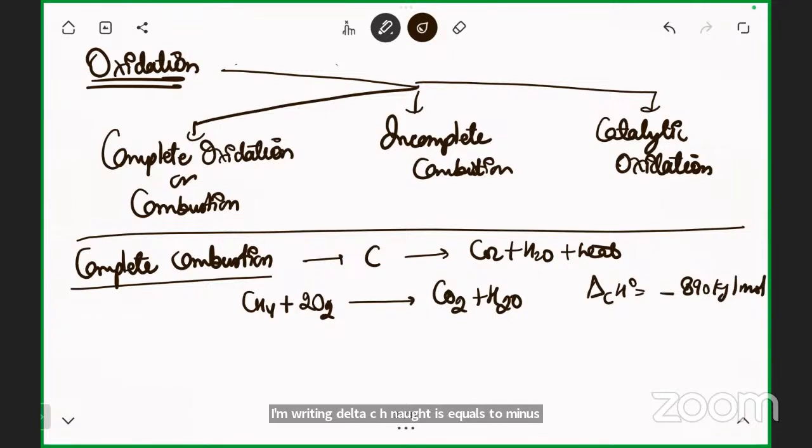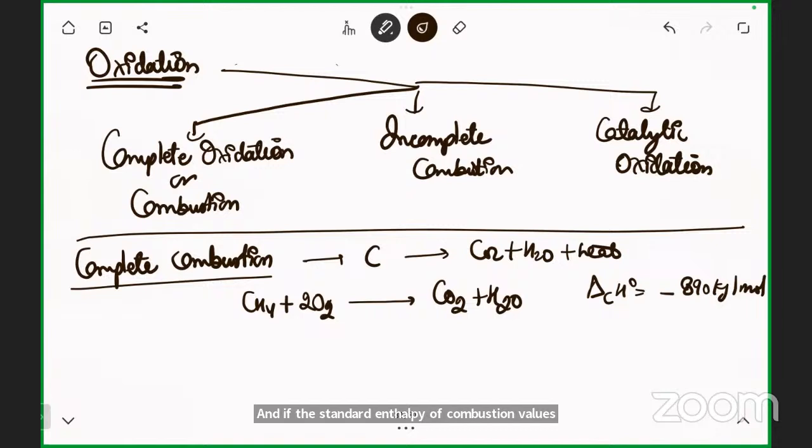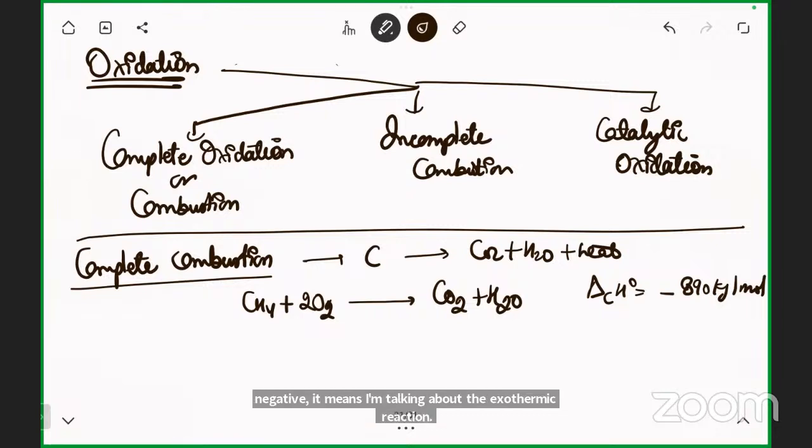You have learned this in thermodynamics, I think. Delta cH is enthalpy of combustion, and with the naught it is the standard enthalpy of combustion. If its value is negative, it means an exothermic reaction, so here 890 kilojoule per mole energy is released.